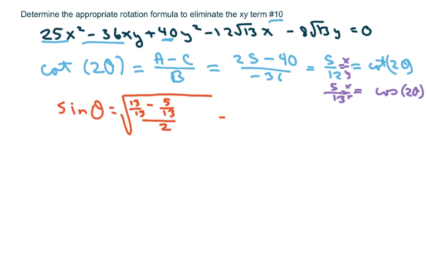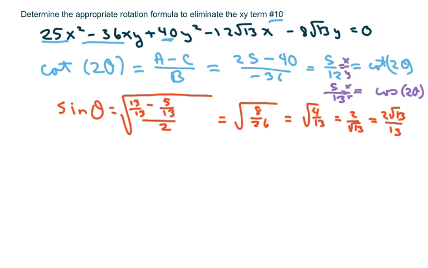So this is going to give us 8 over 26, which is the same as square root of 4 over 13, which is the same as 2 over square root of 13, which equals 2 square root of 13 over 13.